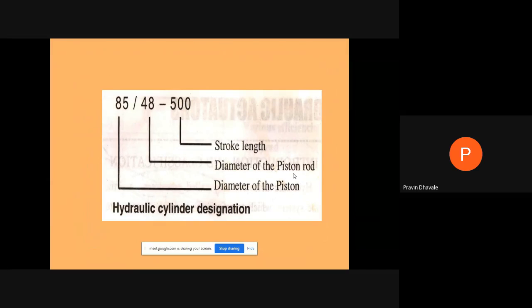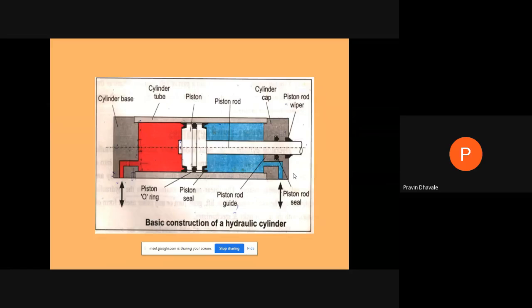Right. Then we see how these cylinders are to be designated: 85/48-500. What will 85 indicate, what will 48 indicate, and what will 500 indicate? This is the basic construction of any kind of hydraulic cylinder.